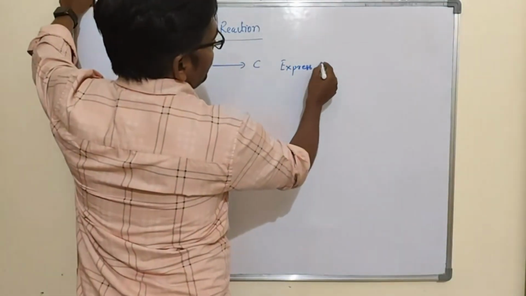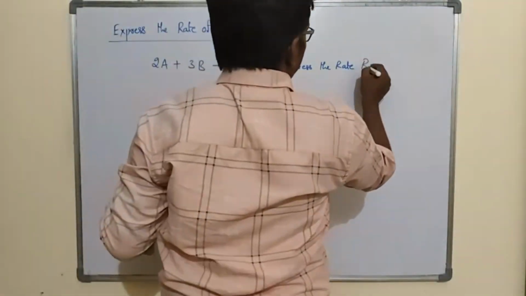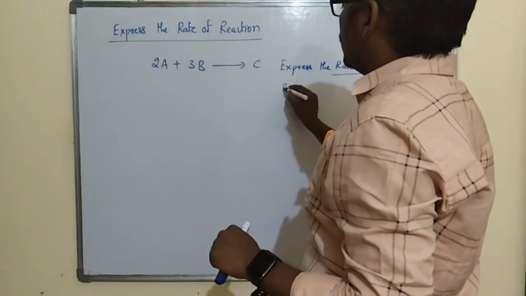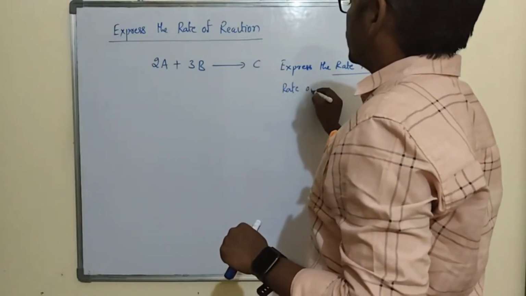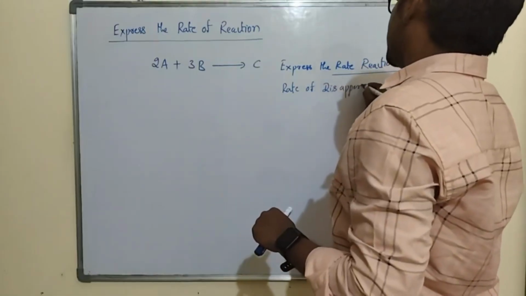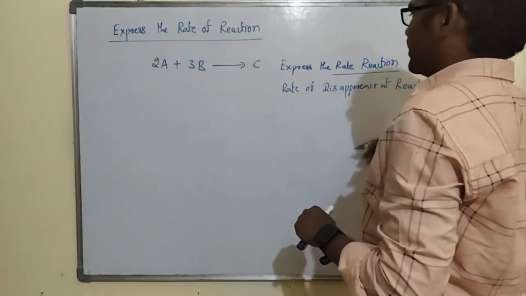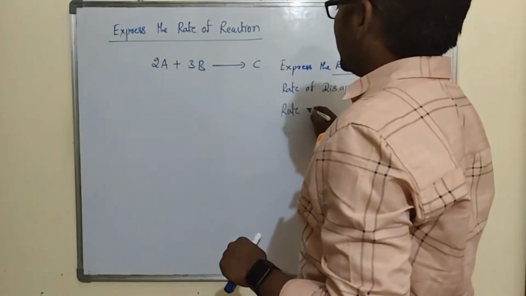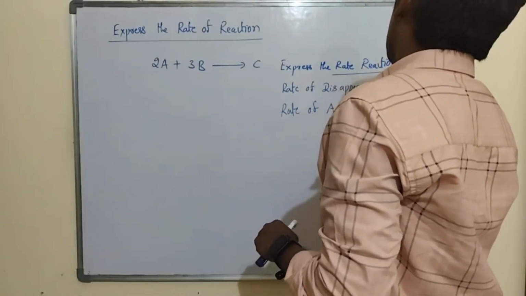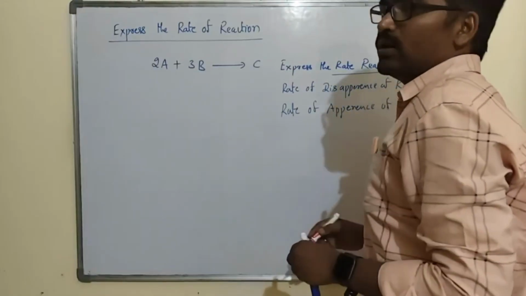Express the rate of reaction, the rate of disappearance of reactants, then the rate of appearance of products, if you take.